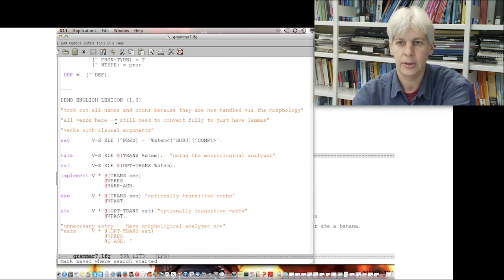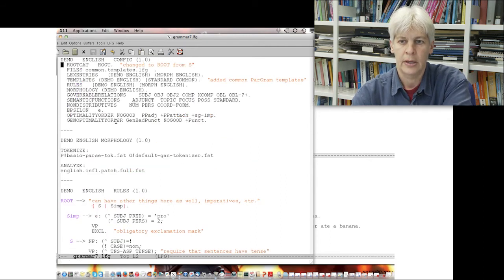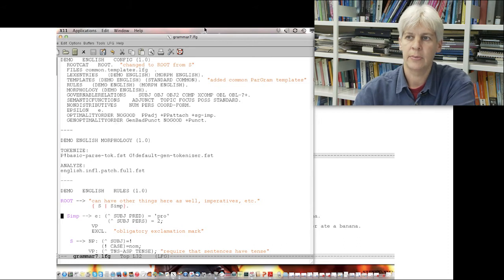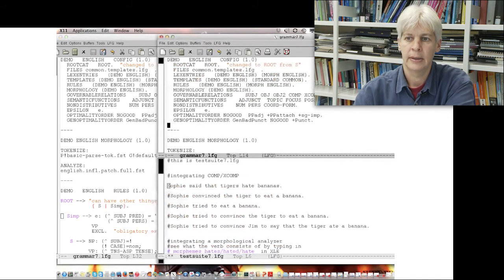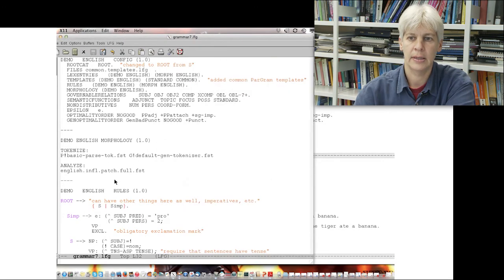So now let's figure out what the rule should be. Okay, so we have a root that can expand into a sentence or an imperative. That seems all right because "Sophie said that the tigers hate bananas" is a sentence. It's just a sentence that contains a "that" clause.